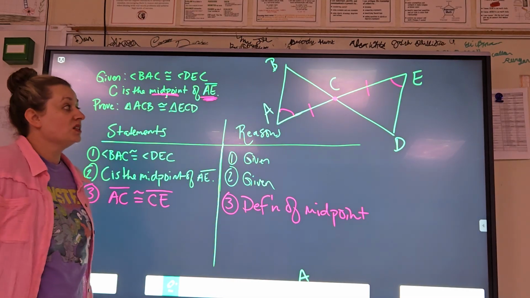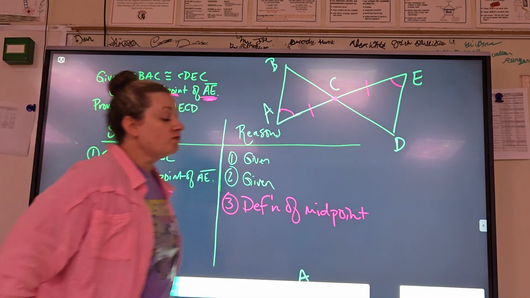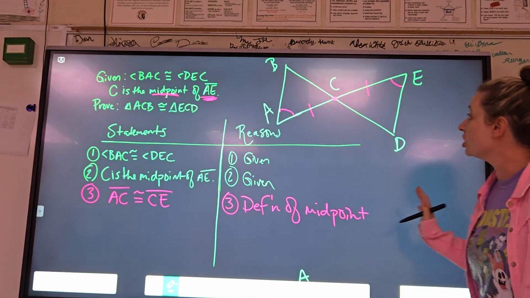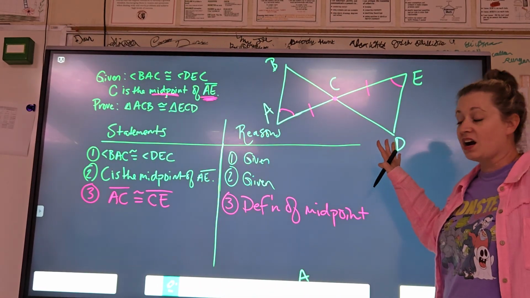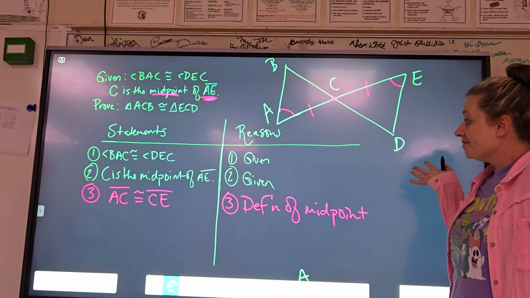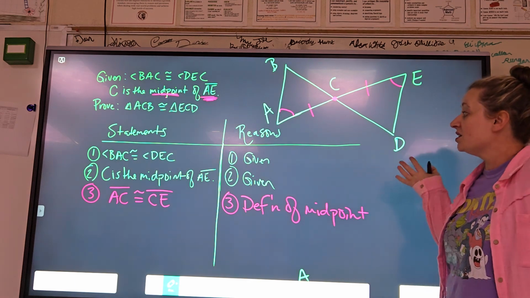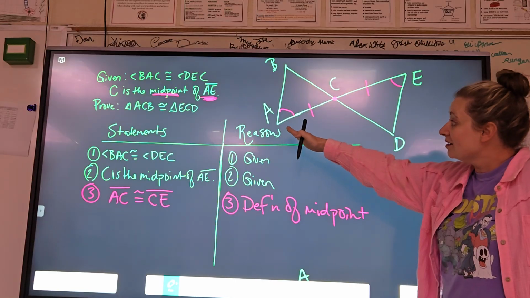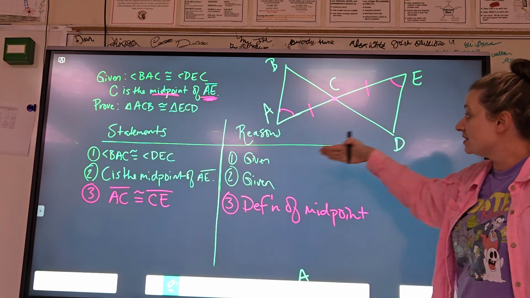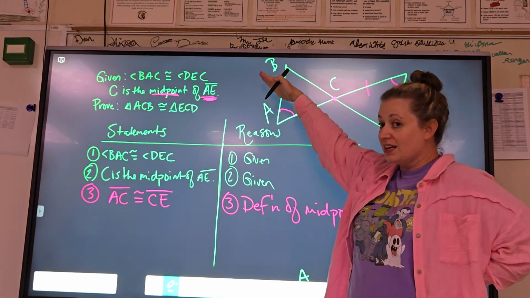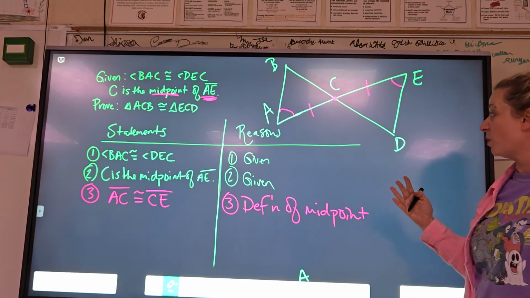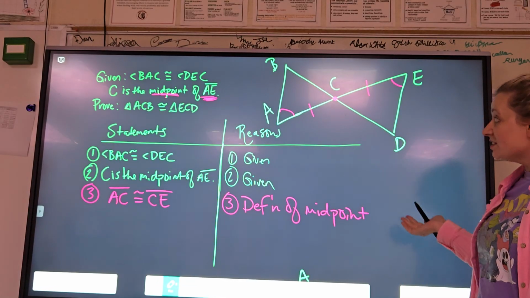Since we're there, we've got to find something else about this picture that we know, because we've used all of our givens up. C is the midpoint of AE. It did not tell us it's the midpoint of BD, so we've got to pull something else from somewhere. It doesn't have any shared sides.